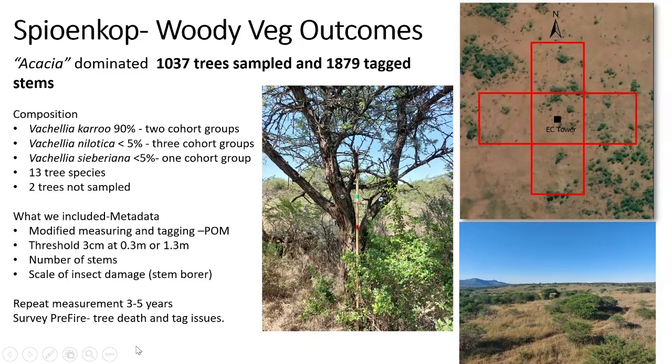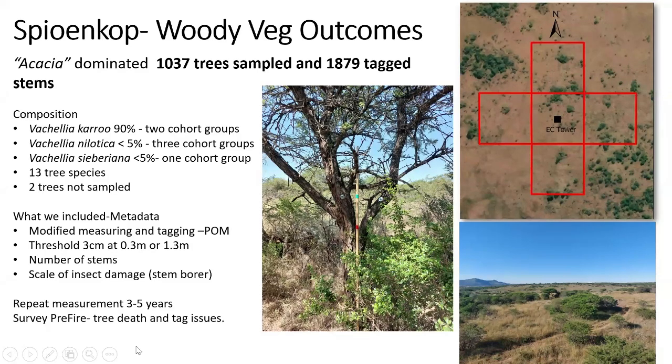We also recorded the number of stems. What was also quite significant at this site was the insect damage to the trees. Stem borers, such as longhorn beetles or jewel beetles, often kill off large branches of a tree. For that, we created a scale of damage, and we plan to resample in the next 3 to 5 years.